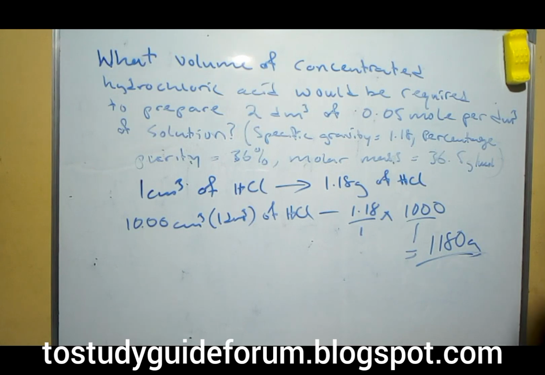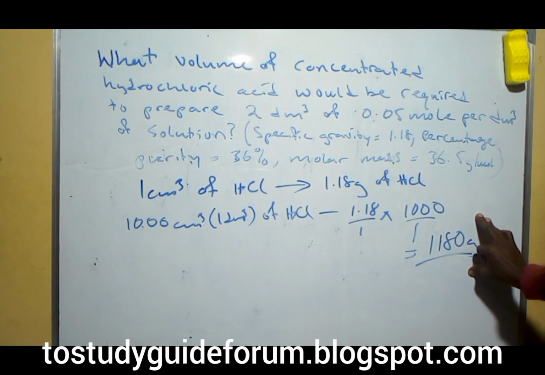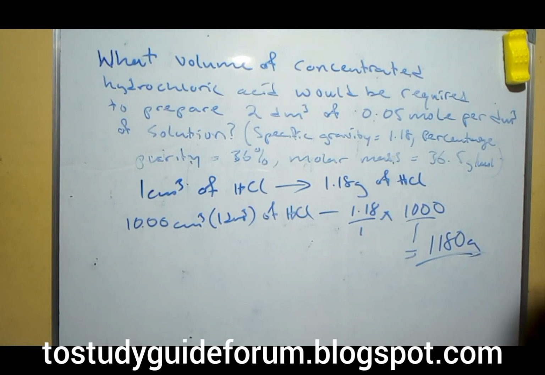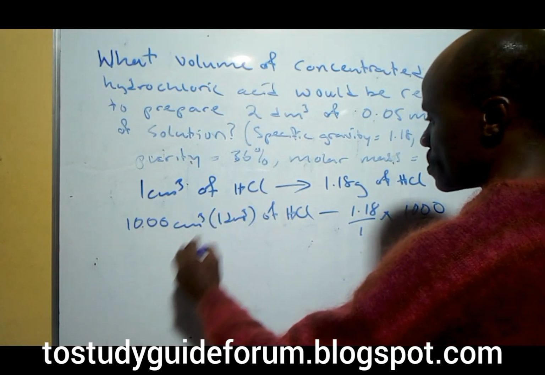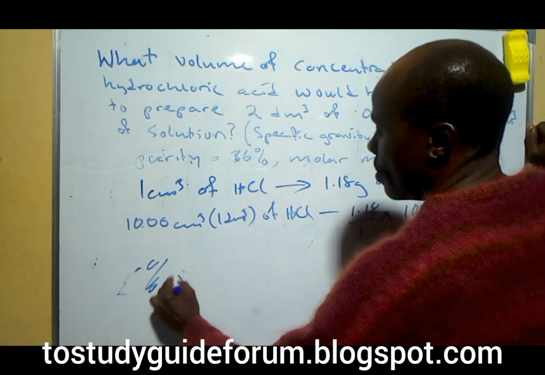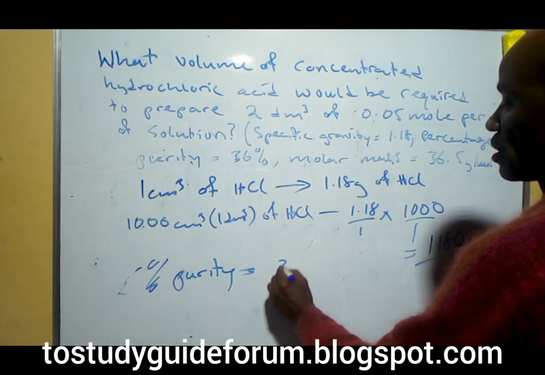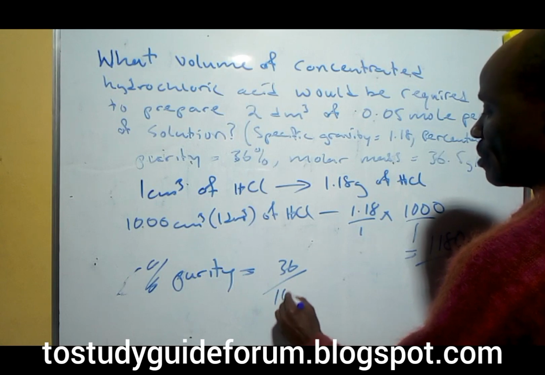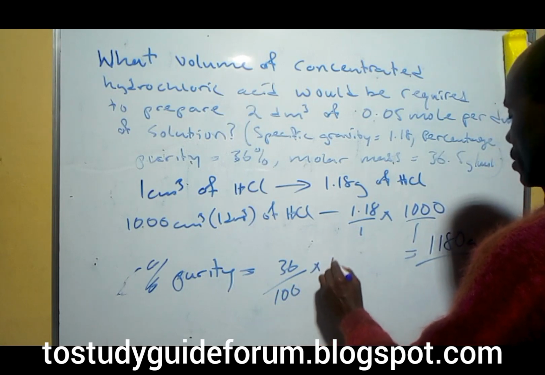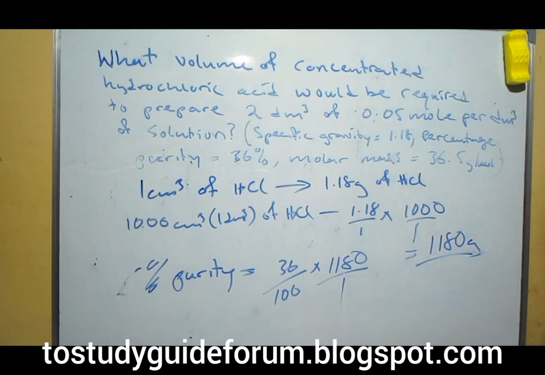So the next thing we are going to find out is the mass percentage purity of this mass of HCl, that's hydrochloric acid. To calculate that, we know that since we have 36%, that means 36 over 100 times 1180 grams.